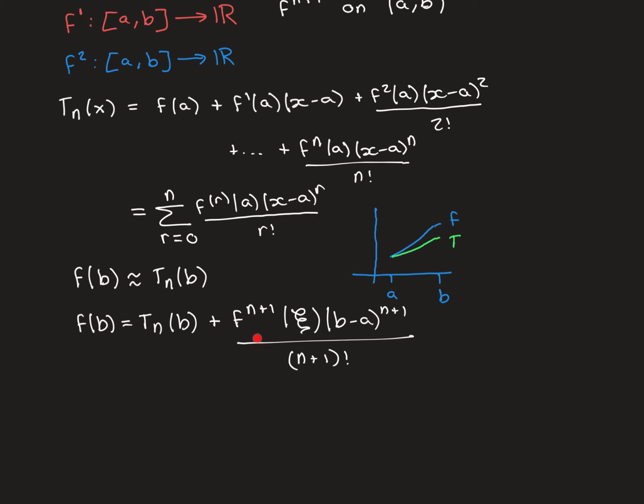What does this bit then mean? Xi is some value inside the interval AB. So it's somewhere on this picture.